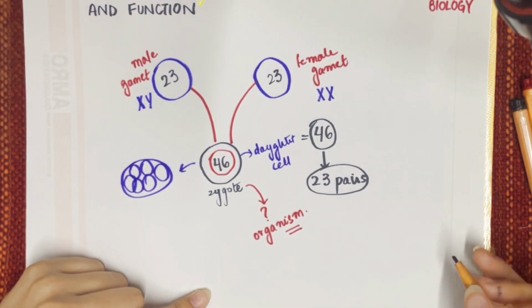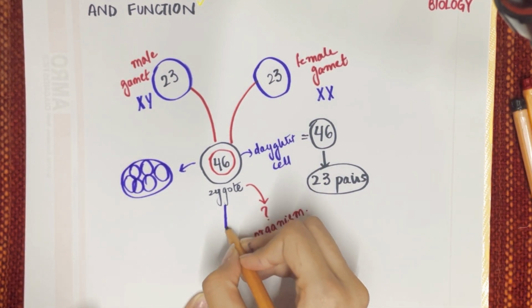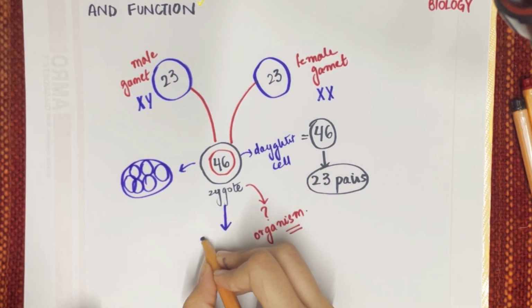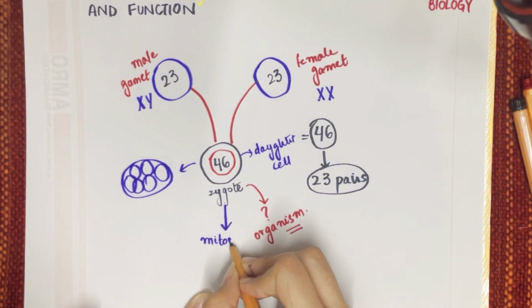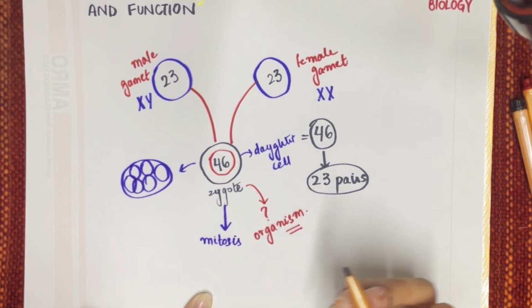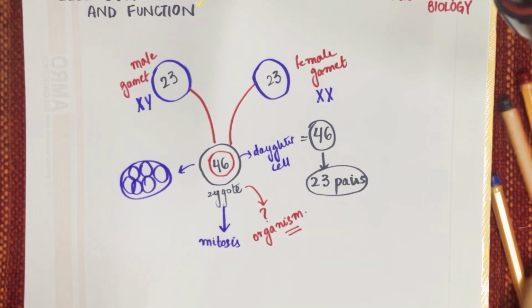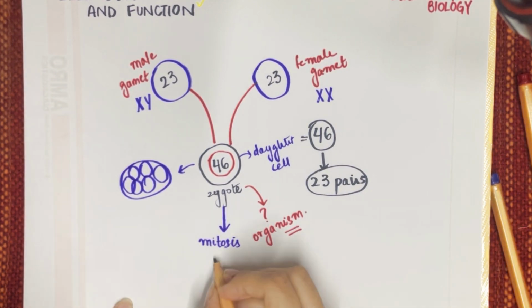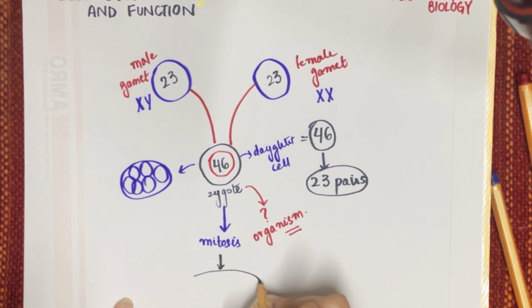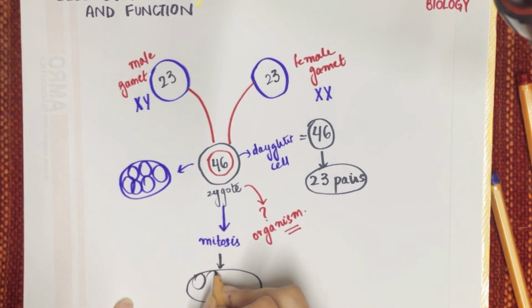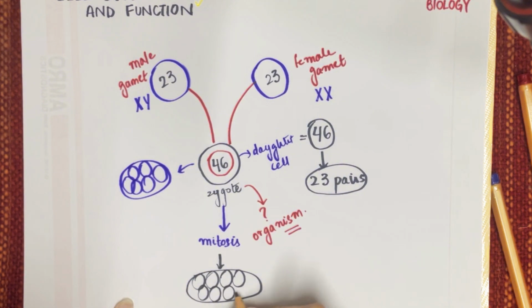Since we have discussed the division of a zygote, let's see what happens when a zygote is divided with the help of mitosis, and what happens when it is divided with the help of meiosis. When it is divided by mitosis, the cells that are formed have the same number of chromosomes that were present in the parental cell.